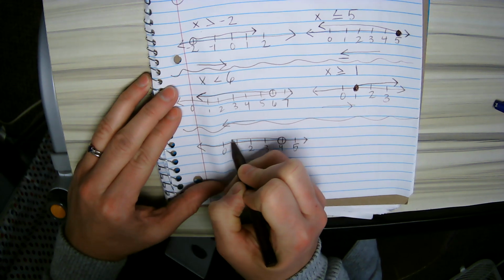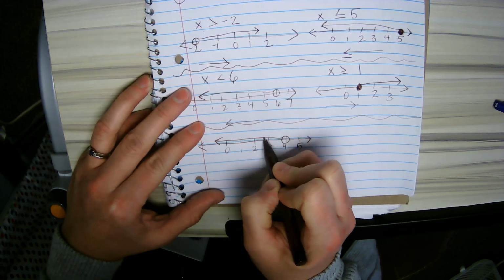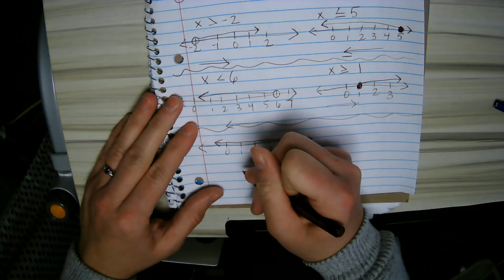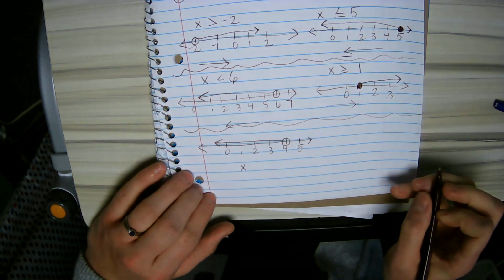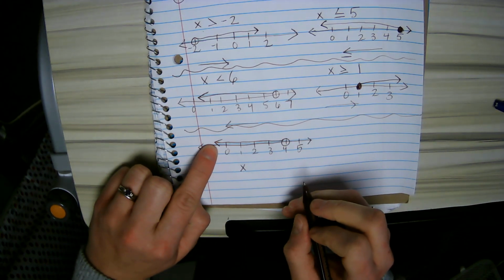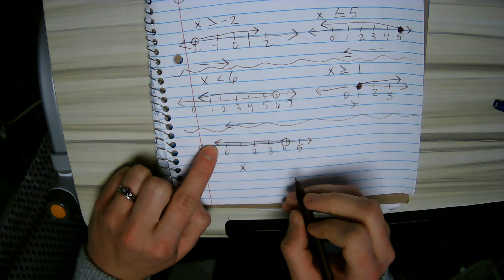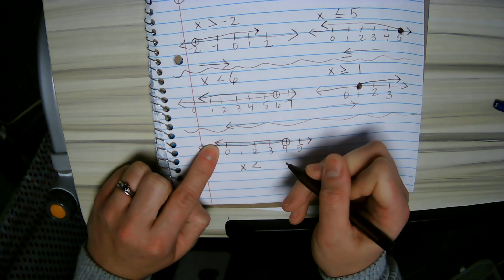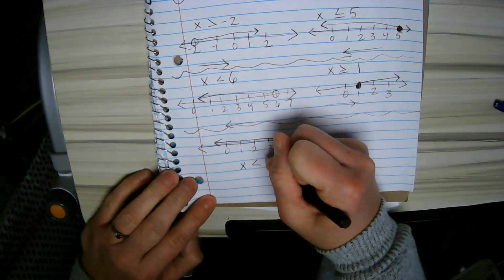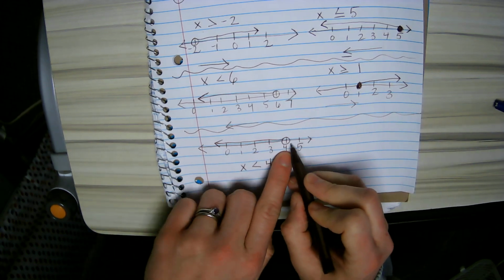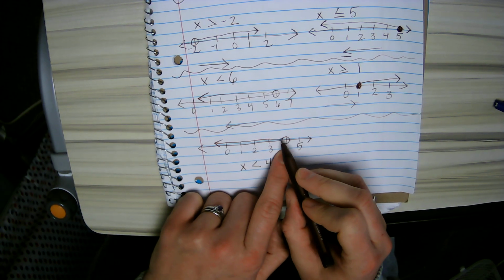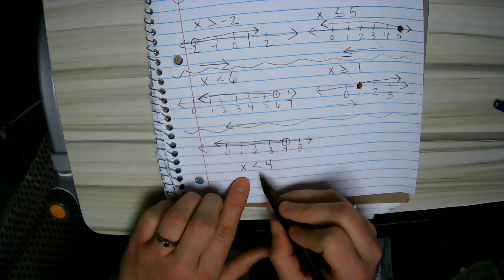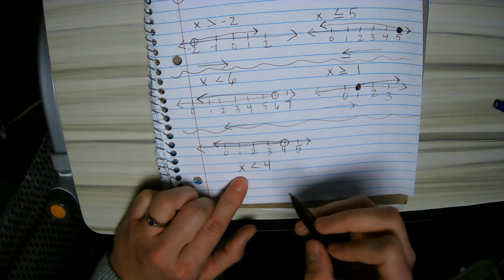And if I'm going this way, guys, what do you think? Well, we're going to use x, right? And then we're going to change that into our symbol. So what does that look like? That looks like our less than symbol. And then we're going to include that number. Now, I have to determine if it could be equal to that. Well, if it's open, it means it is not equal to that, but it could be anything less than that. So there we have it, right? Is that fair enough?